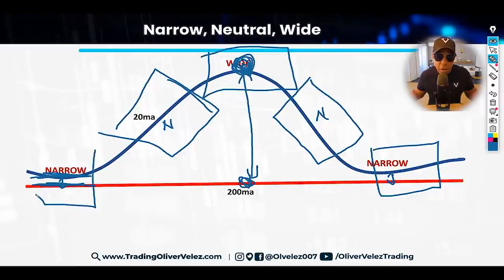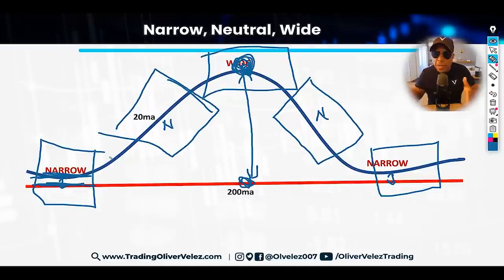You must know every single time you take a look at something, you must know what state it's in, because every state requires a different strategy. The narrow state strategy is different from the wide state strategy.